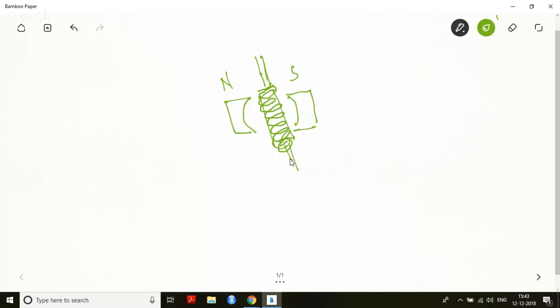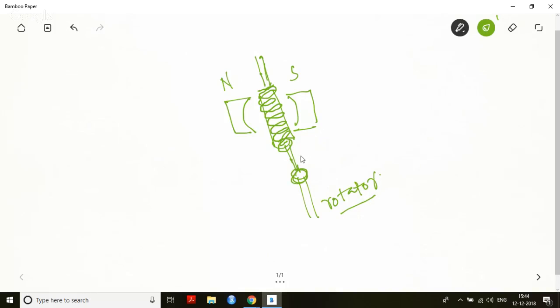Now what happens? This particular core, where the current carrying conductors are wound, is combined with a rotator. Why is it combined with a rotator? Try to understand.